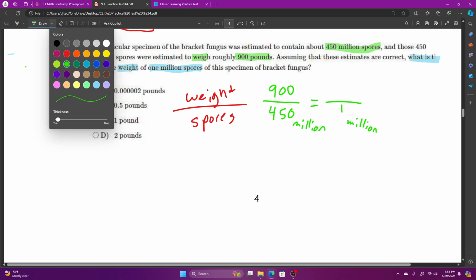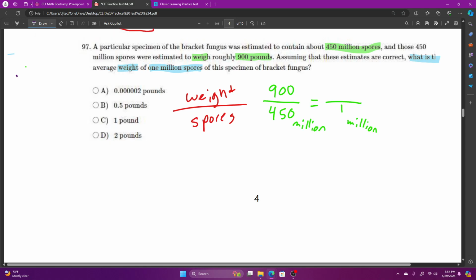Well, how do we turn 450 to 1? I don't need to worry about the million because both of these have a million. It kind of cancels each other out. So we want to turn 450 into 1. How do we do that? What does this look like? Equivalent fractions. 450 divided by 450 equals 1.